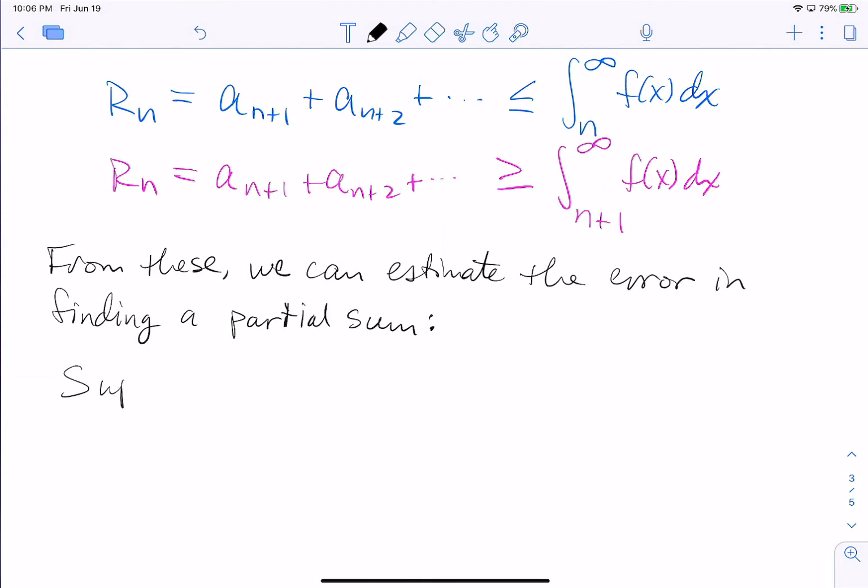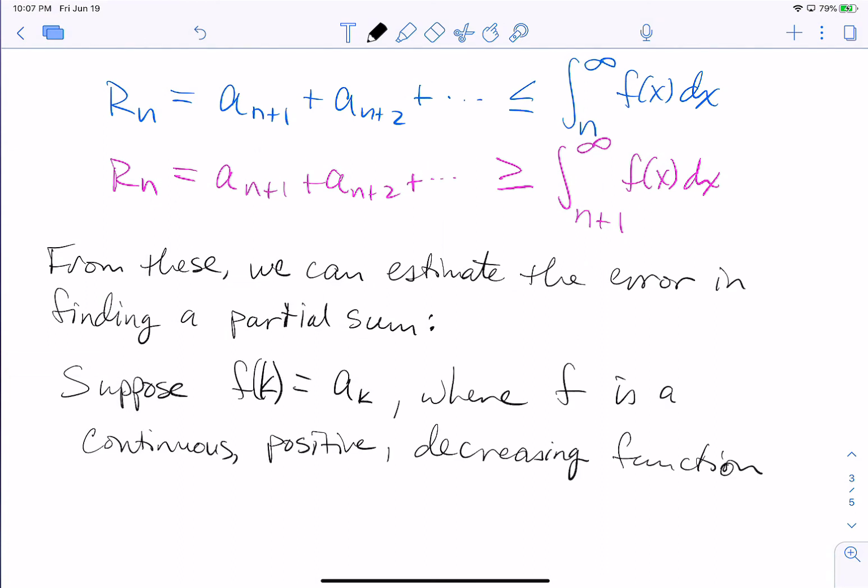Formally, we'll say, suppose f of k is equal to a sub k, where f is a continuous positive decreasing function for x greater than or equal to n, and the sum of a sub n is convergent.